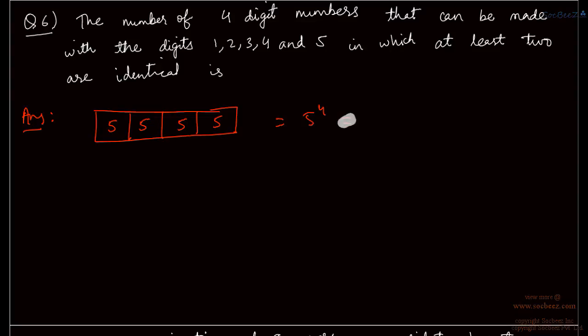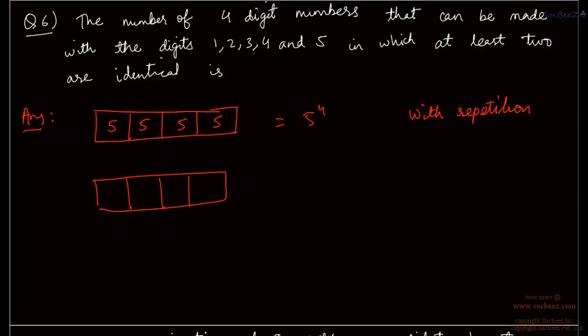This is not necessary, but yes, you can write 5 power 4, which is 625. The next is, so these are with repetition, right? We are able to repeat all our digits here. Now let us find the total number of numbers without any repetition, right?